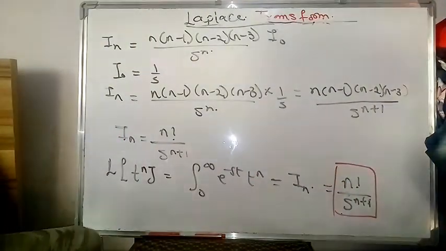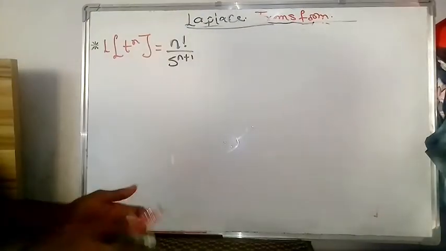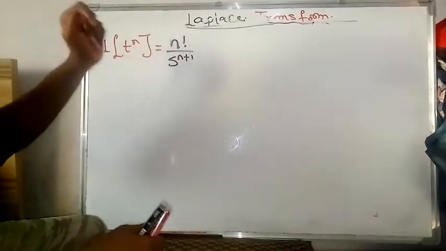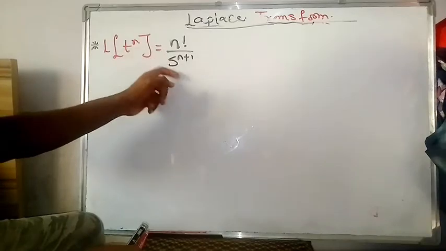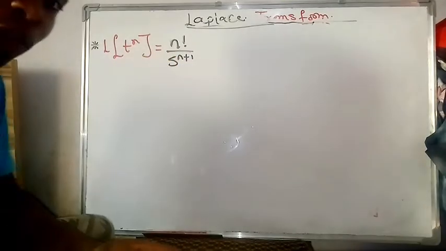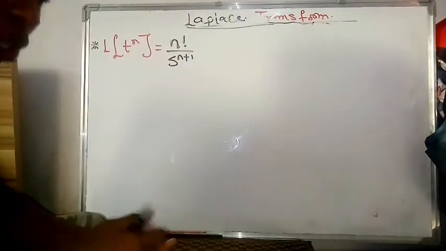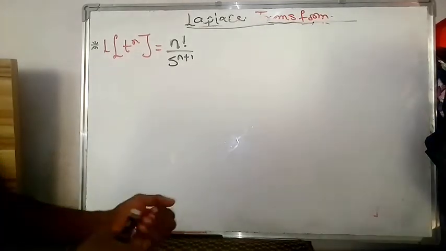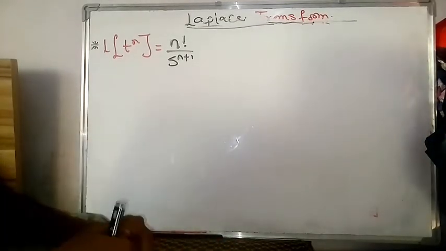Now let's proceed. So guys, I believe you understand how we got the Laplace of t raised to power n, which is n factorial divided by s to power n plus 1. We are going to look at one example, then I'll drop an exercise for you to practice, and you can comment the answer you got in the comment section below.